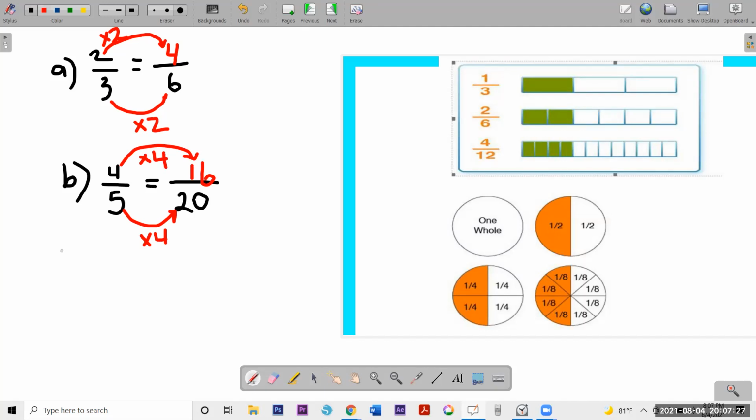Now I'm going to give you a more challenging question, because you know that's what we just do wrong here. So I'm going to give you, let me see, 4/8 is equal to 2 over something.